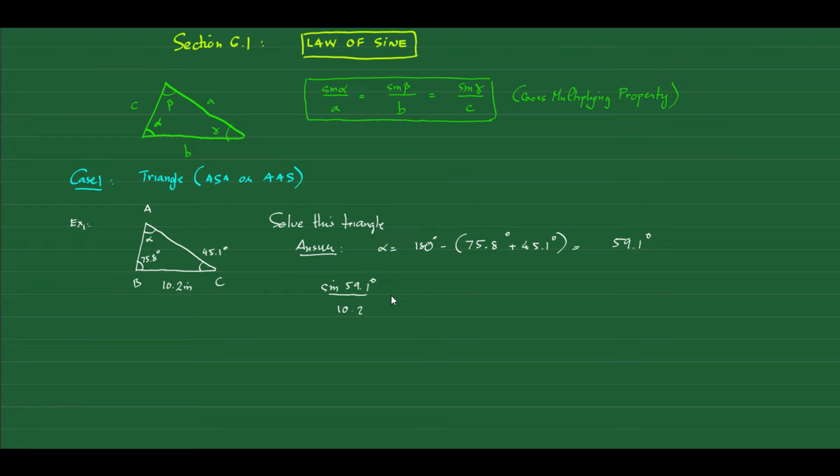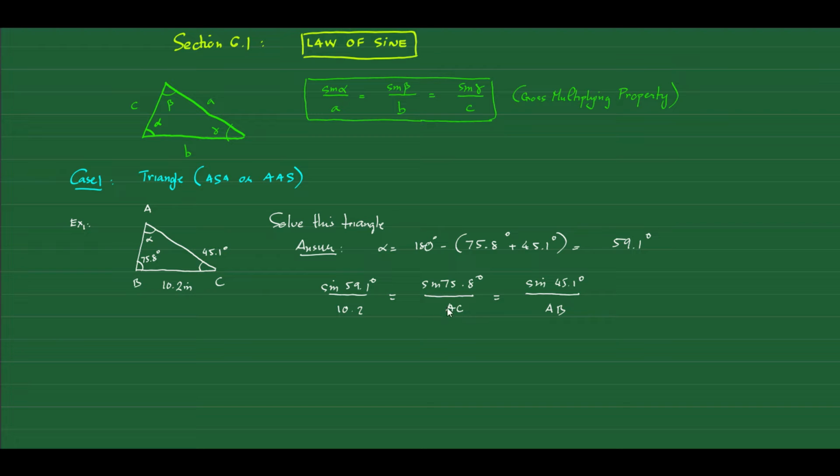So 10.2, sine of 75.8, which is angle beta, over what? Over what we don't know, right? Over AC, equal to sine of gamma, which is sine of 45.1 degree, over AB.